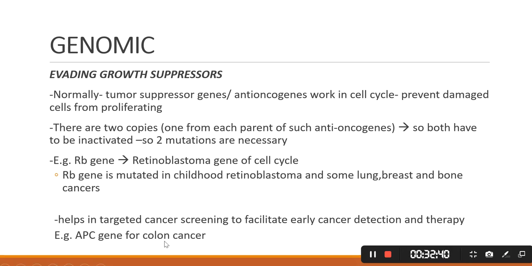If somebody in your family had colon cancer, you can get yourself screened to see if you have that abnormal APC gene or not. If you have that abnormal APC gene, you are going to develop colon cancer. But if you do not have that abnormal APC gene, then you are not going to develop colon cancer. So these tumor suppressor genes can be screened, and as you screen them, you can predict if the cancer is going to develop or not. Okay.